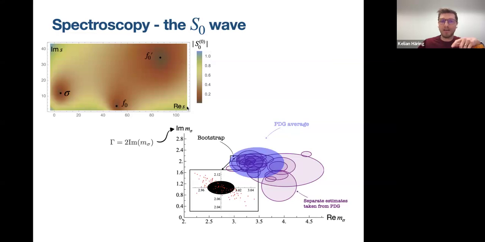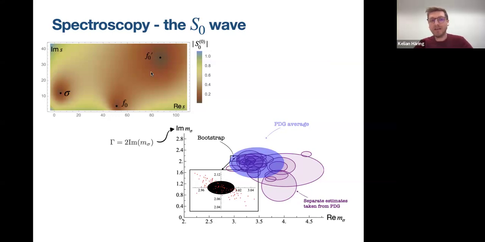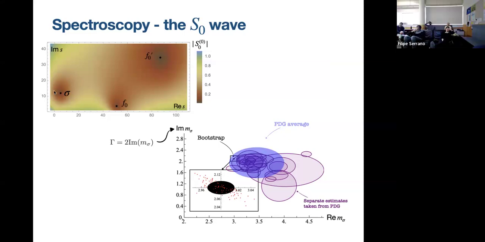When you see a zero of the absolute value of the partial amplitude, it indicates the presence of a resonance. These two here are parameters of the fit, but their positions were chosen by the particle swarm procedure by minimizing the chi-square. But the sigma here is dynamically generated. It's a particle that has to be there in order to fit the data.